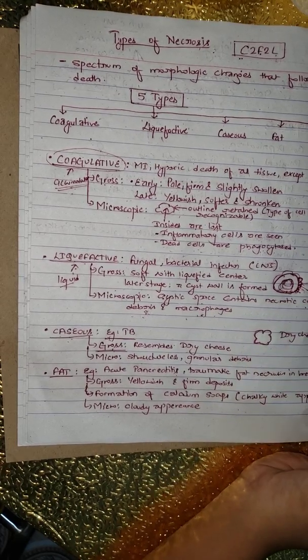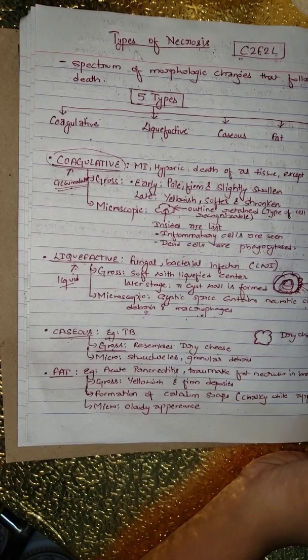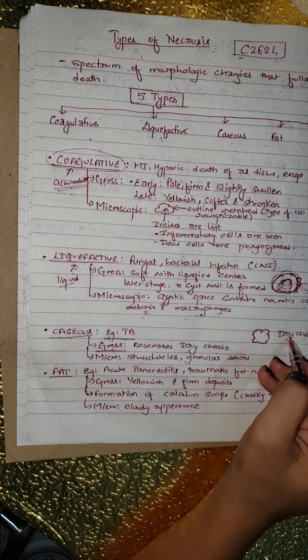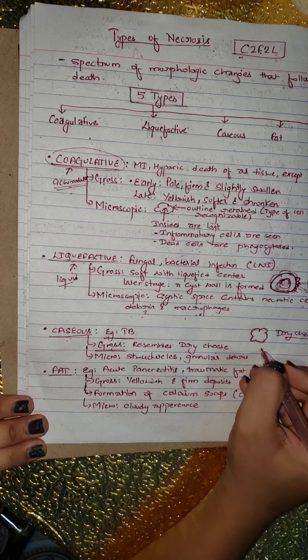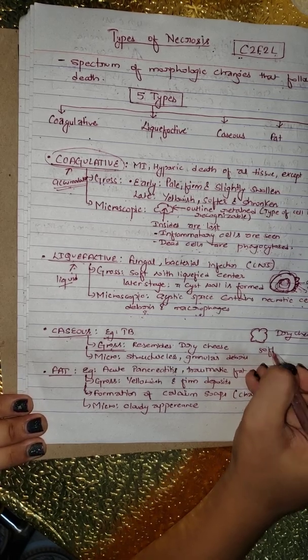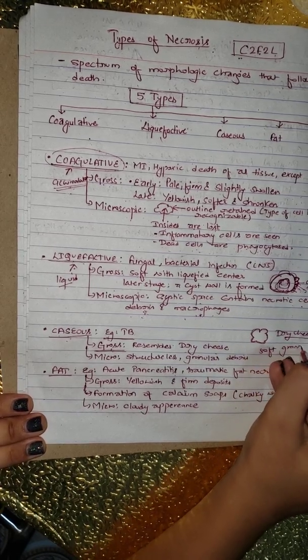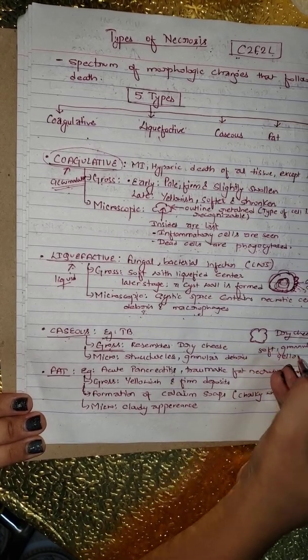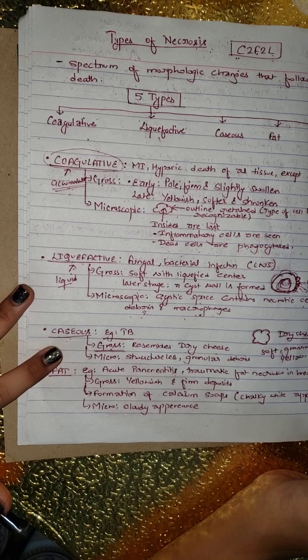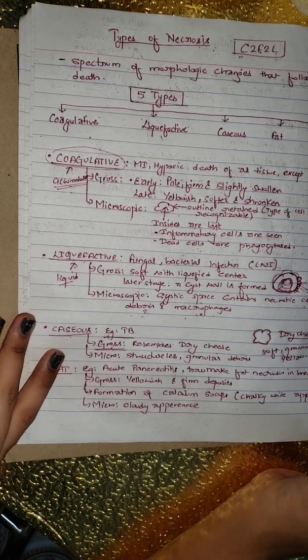They are yellow, they are structureless. If you imagine dry cheese, you can easily write that the insides are very soft, granular, and obviously dry cheese is yellow in color. You can write this here in gross examination.